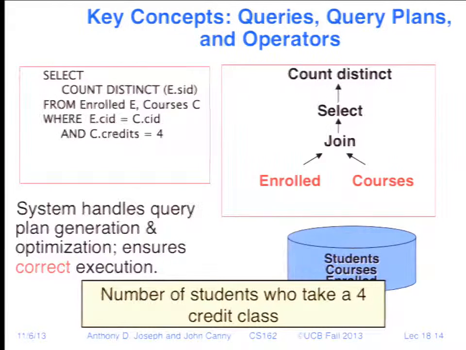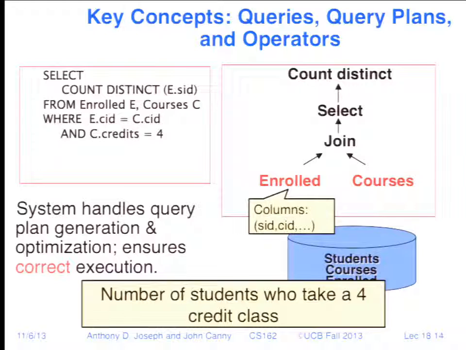And the join tuples will comprise all of the columns from the union of the two tables. Then the selection is going to happen. I'll just bring that up in a second. And then finally, the count distinct is going to look at this, going to need to be sorted, I think. Well, never mind.